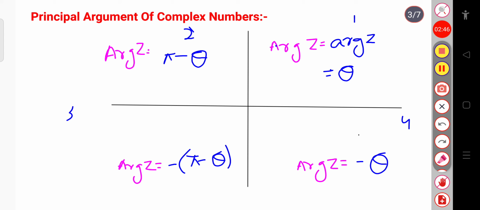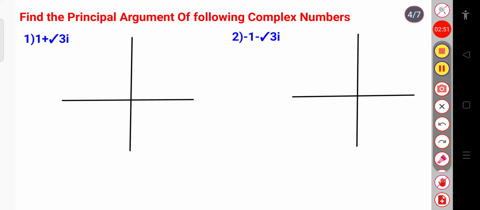So basing on this concept, we will try to solve some questions. In the first question, what is the principal argument of the complex number 1 plus root over 3i? Here if we compare, z equal to 1 plus root over 3i with x plus iy, so here x equal to 1 and y equal to root over 3.